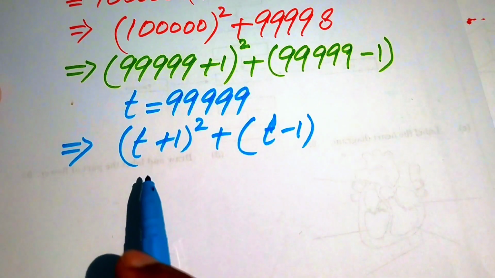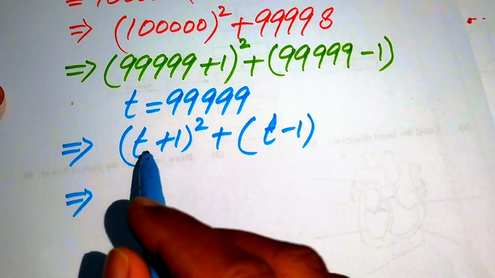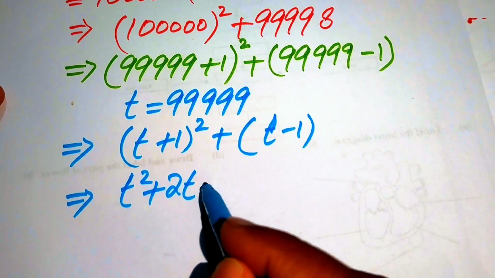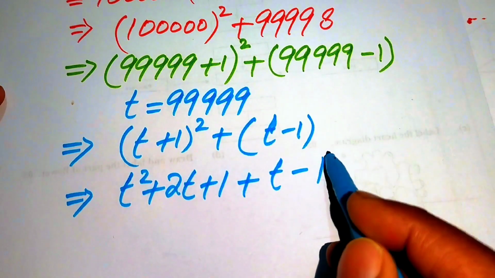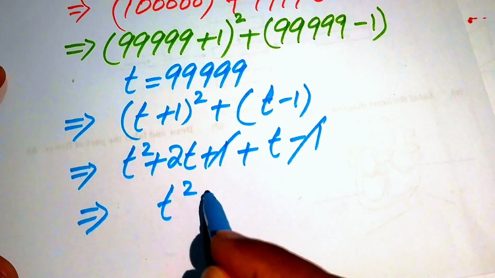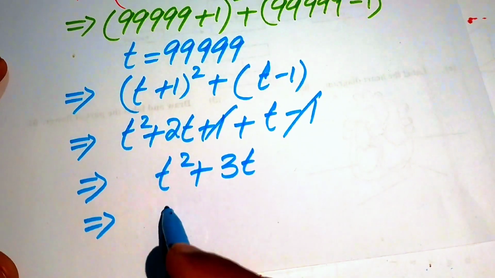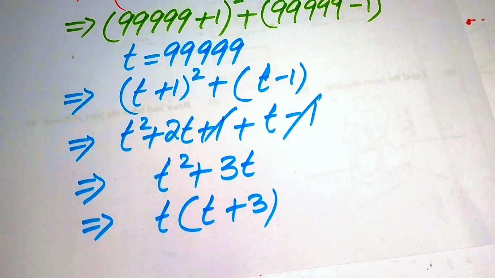Now we use the square identity and open the square of this expression, and it is written as t squared plus 2t plus 1, and plus we have t minus 1. The negative and positive one cancel each other, and we obtain t squared plus 3t. Here we take t common from these two terms, and we get t times of t plus 3.